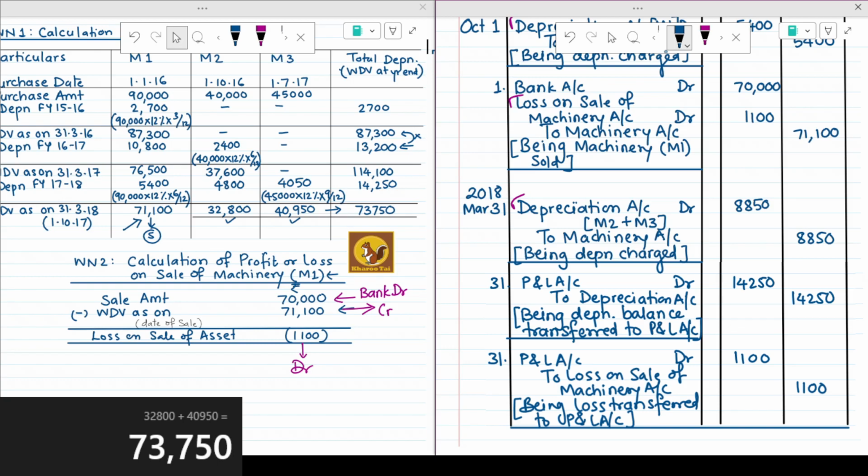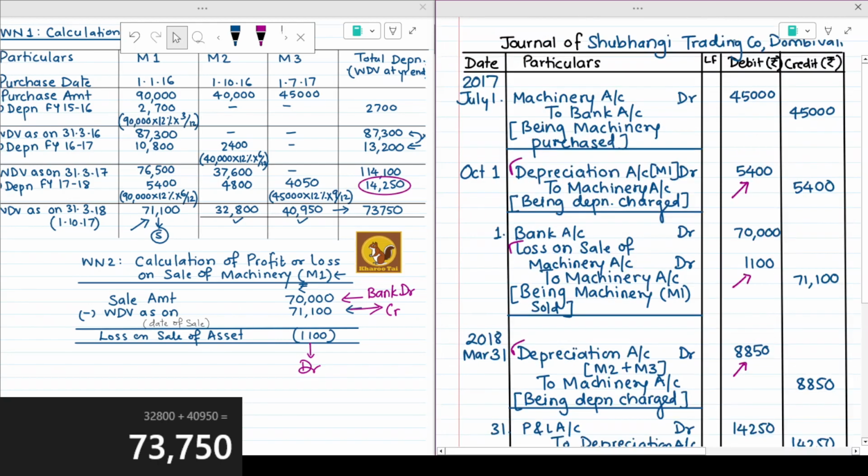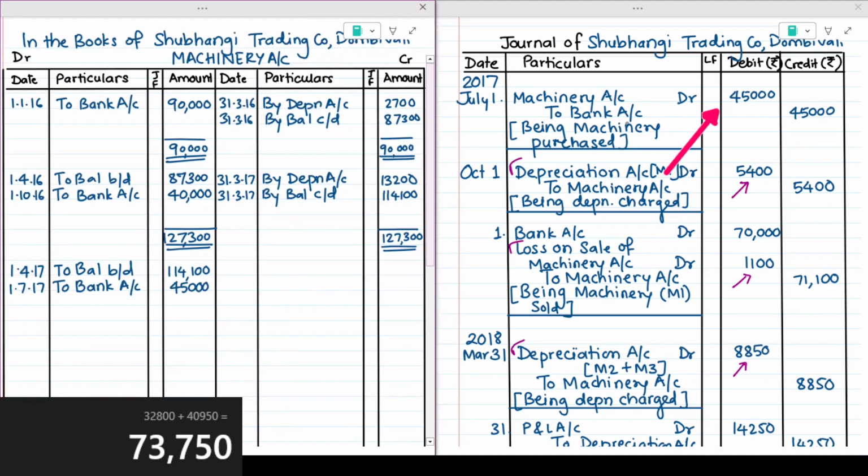With this, all our journal entries are done, and on the basis of these journal entries, we can do the third year ledger posting. We have already done the posting of the first entry, machinery account debit to bank account, right? So this entry is done. Then which is the next machinery entry?